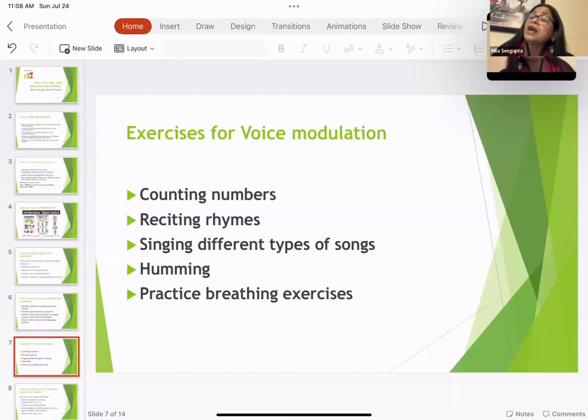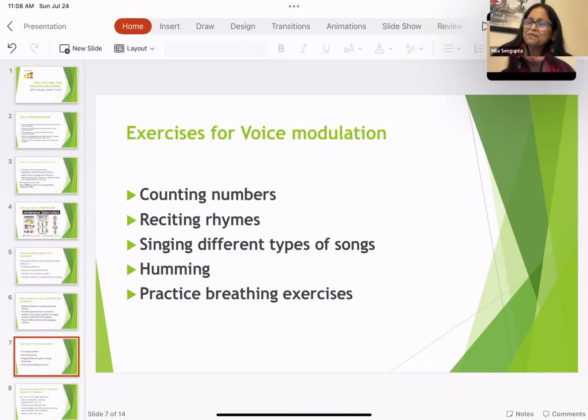Singing different kinds of songs with fast rhythm, songs with slow rhythm, songs with different tempo, songs from different cultures. So all these help in a very simple way for children to practice and develop skills in effective voice modulation. Humming.